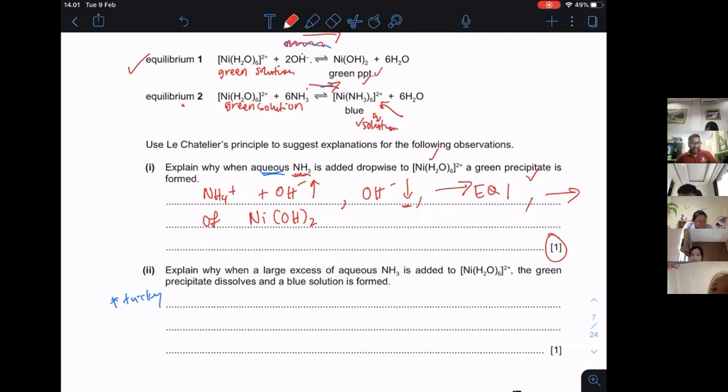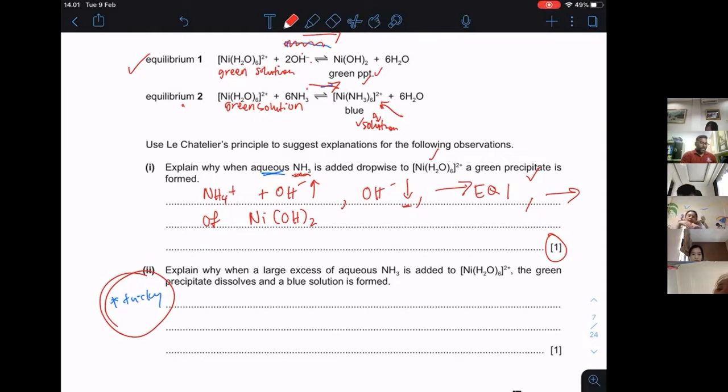So the next question, the part that I say tricky, you don't actually end over there because you still need to explain why the green precipitate dissolves. How to actually explain that? The green precipitate dissolves because, in equilibrium 2, when I actually react, the direction is going to be the forward direction.